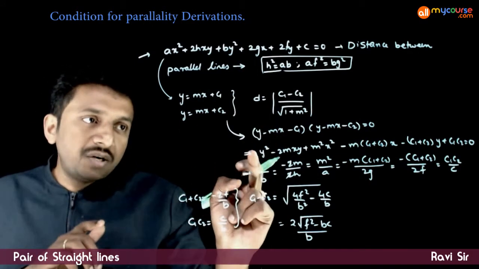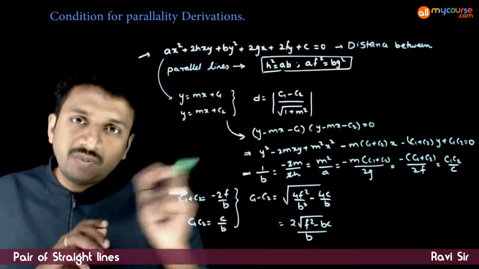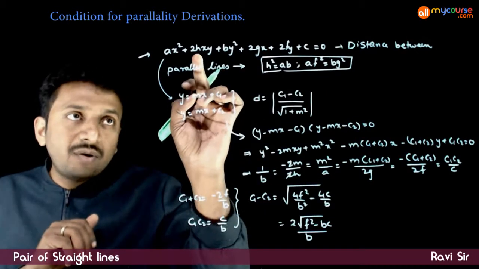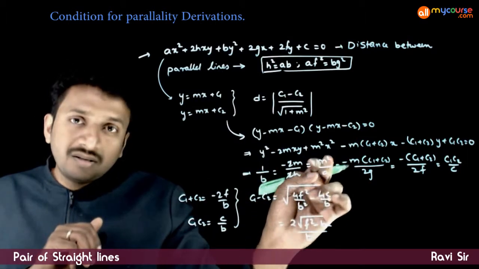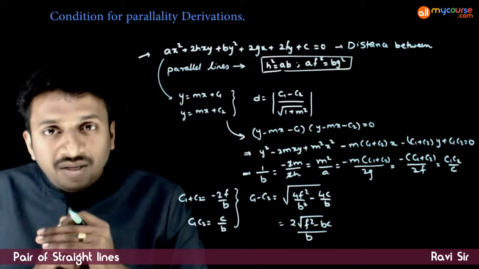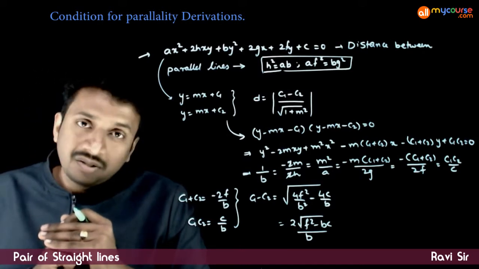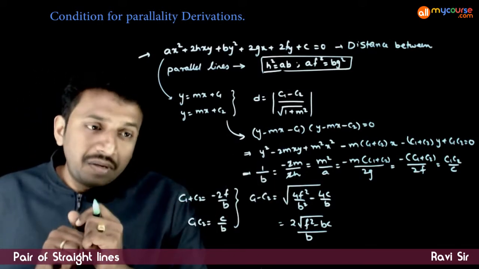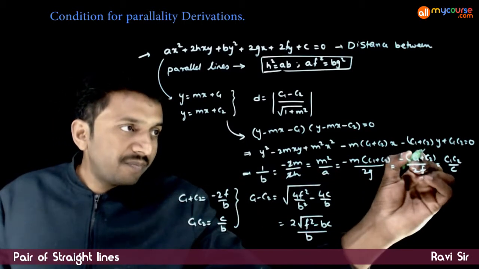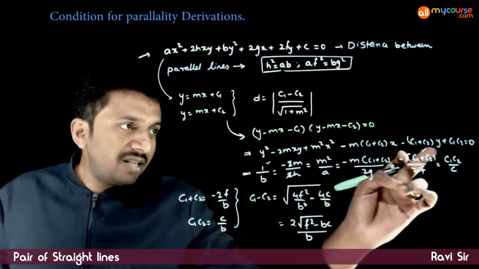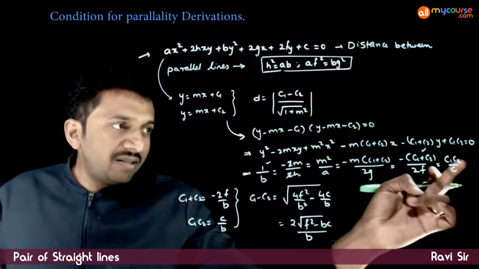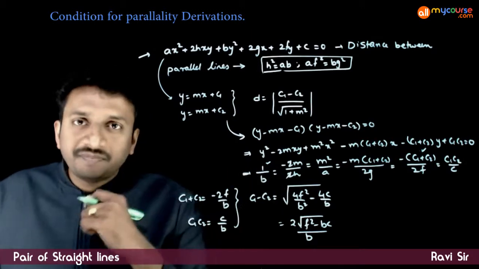So y square coefficient 1 by y square coefficient is b. xy coefficient is minus 2m, xy coefficient is 2h. So in this way, all the ratios of coefficients have to be same. So from this, you can get c1 plus c2 by equating this and this. c1 plus c2 is minus 2f by b and c1 c2 is c by b.